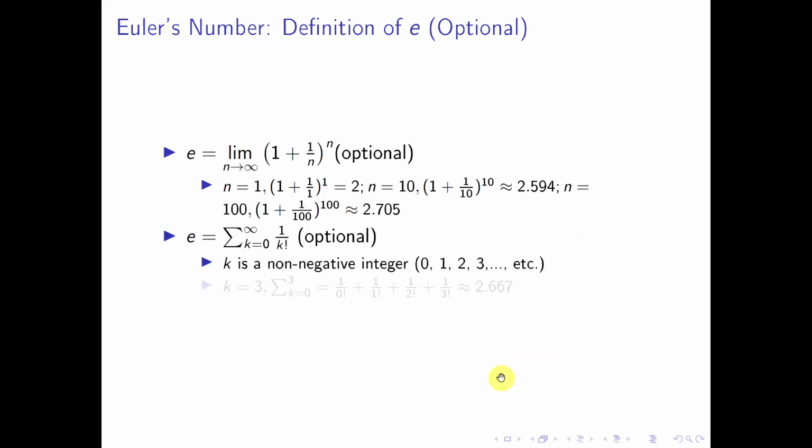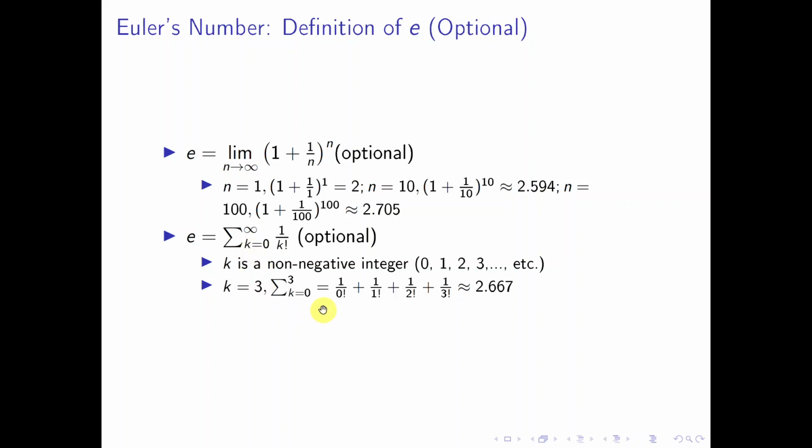Once we understand the definition of factorial, the computation becomes much more straightforward. Here I can give you an example. Let's say k equals 3. We just plug in k here, and k is from 0 to 3, right?